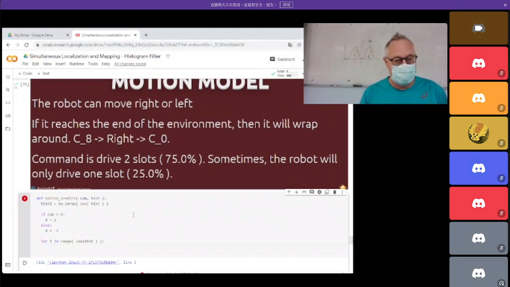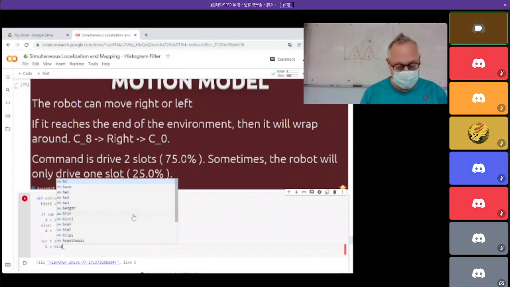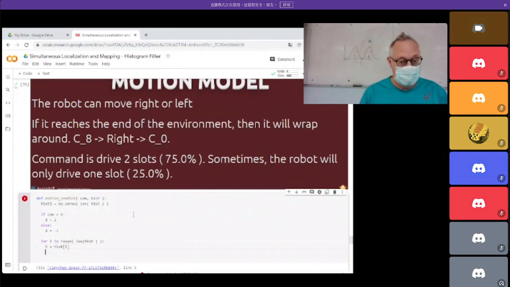So in my history, the current value is H. And now I just have to make sure that I get the distances right, like the displacement, right?